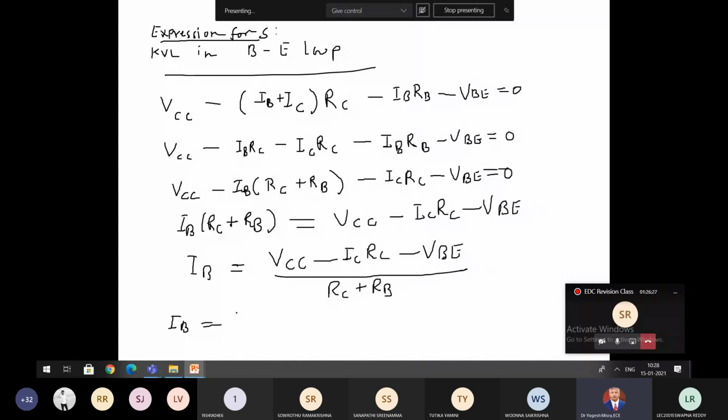IB is equal to VCC by (RC plus RB) minus RC by (RC plus RB) times IC minus VBE by (RC plus RB).